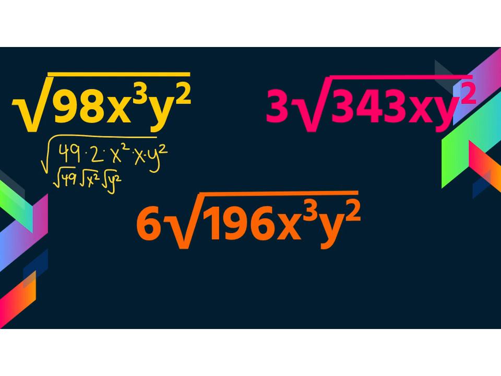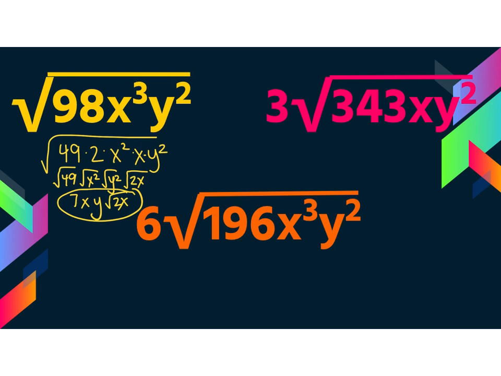I'm taking all the ones that are going to end up canceling with the radicand, and then that's all going to be multiplied by what's still going to be left, which would be the square root of 2x. So here we have the square root of 49, which is 7. The square root of x squared becomes x. The square root of y squared becomes y. And then I still have the square root of 2x.